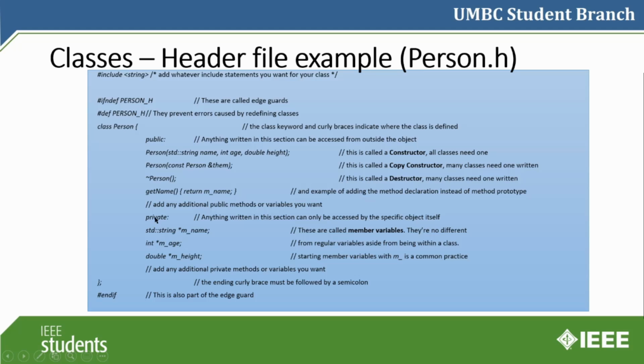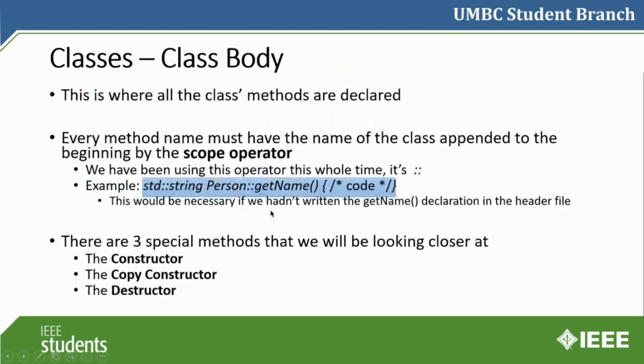After that, there is the private section of the class. This is things that can only be accessed inside instances of the class itself. And this right here is an example of putting the body of the method inside of the header instead of declaring it later on.